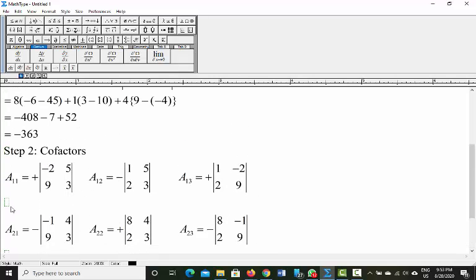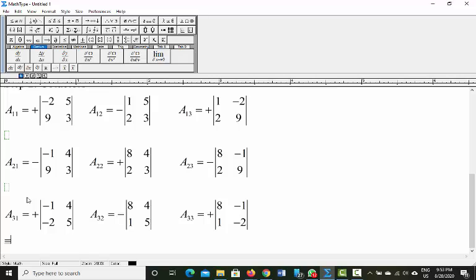Now we will calculate. First of all, let us calculate this one. It is exactly like a determinant.